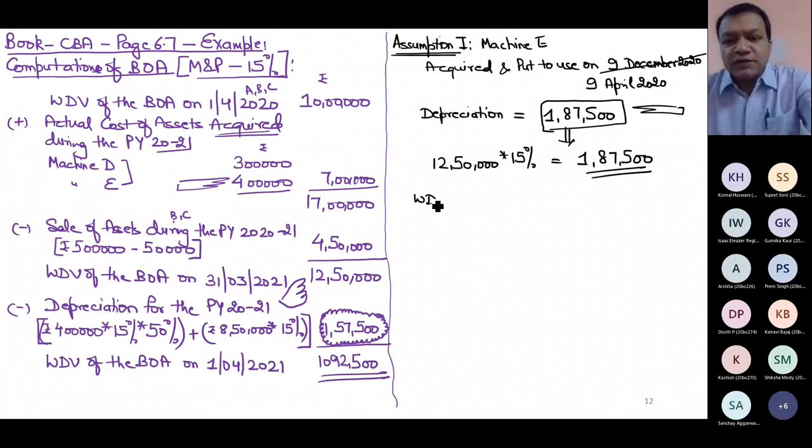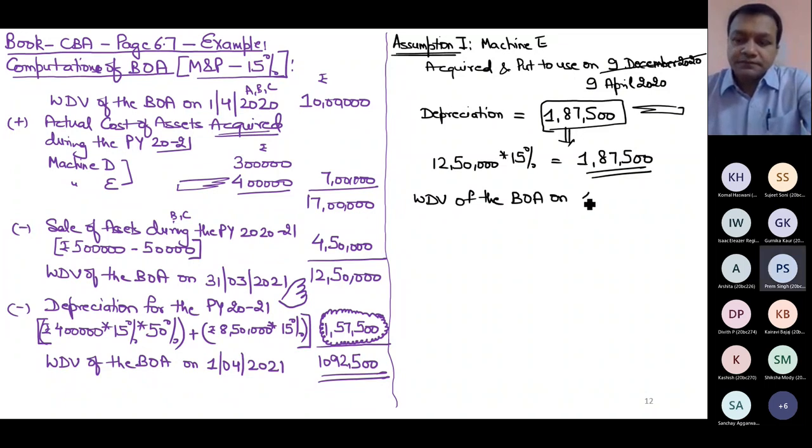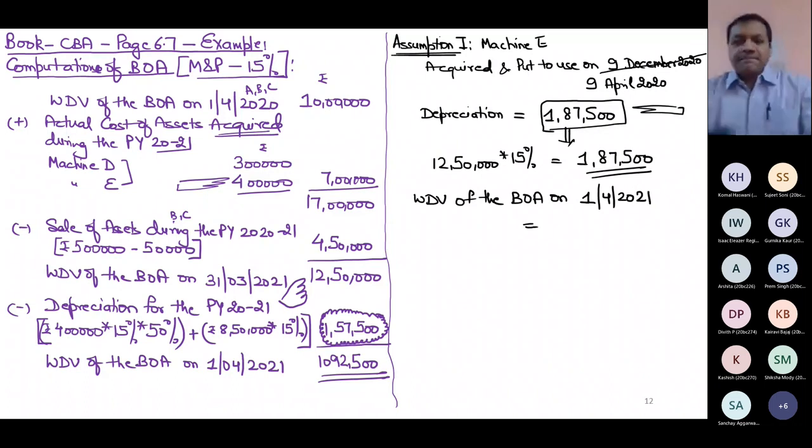And the impact of this will be on what? WDV of the block of asset on which date? Sir, 1st April. Or 1st April 21. 1st April 21.